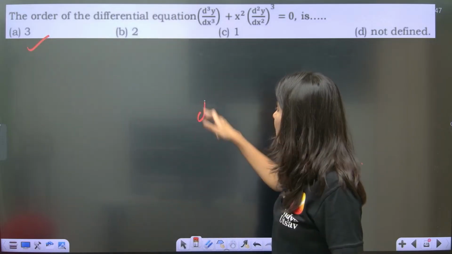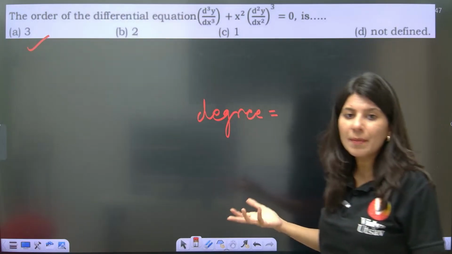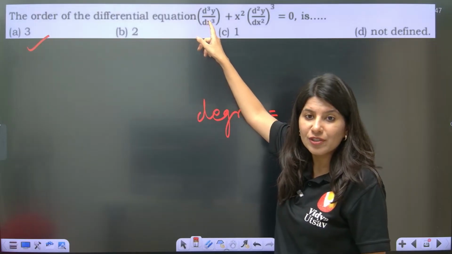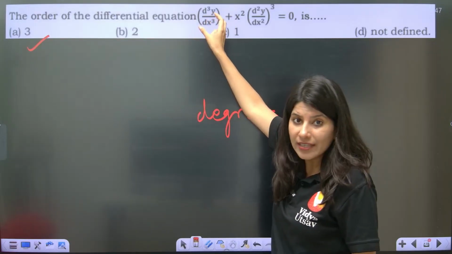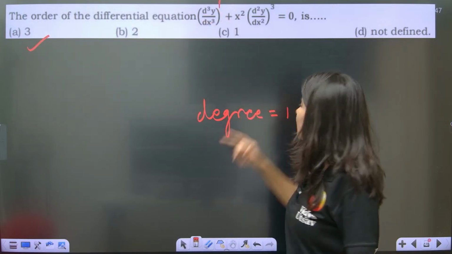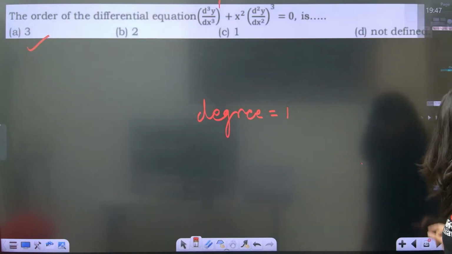Degree is the power of the highest order differential coefficient. This is third order, the highest order, and the power is 1, so the degree of this question will be 1. Clear?